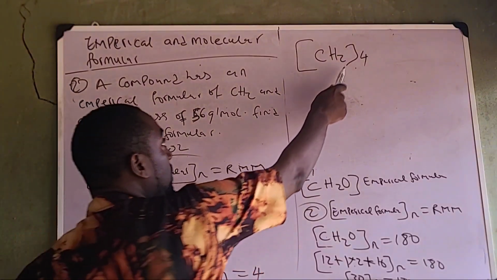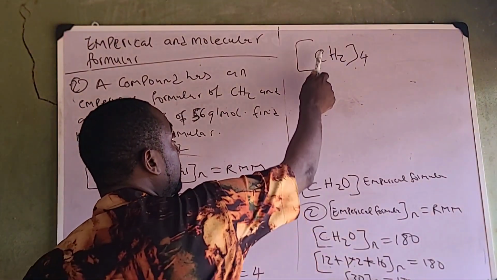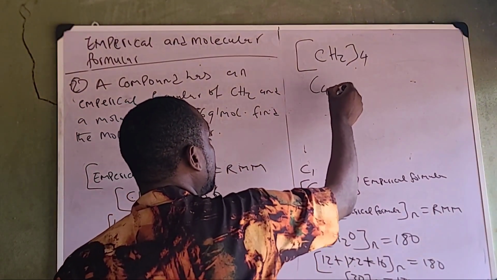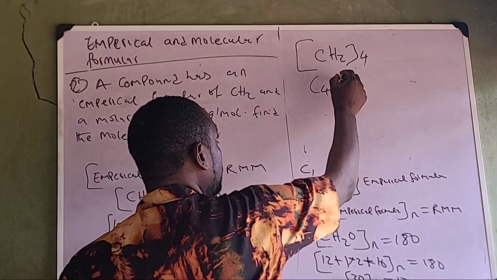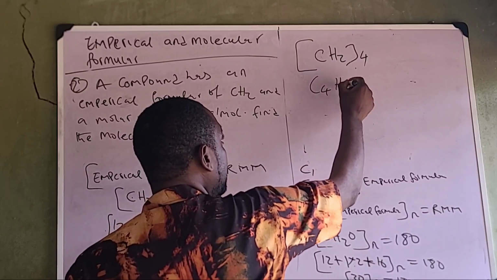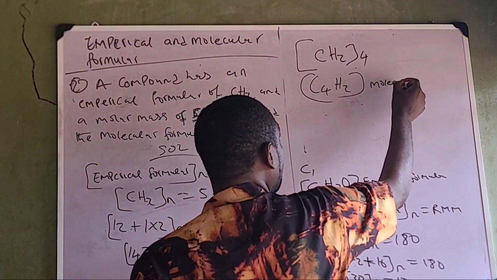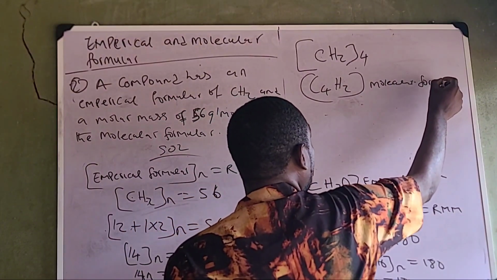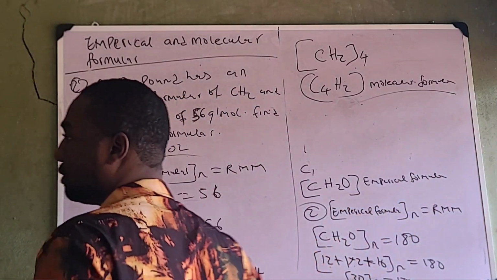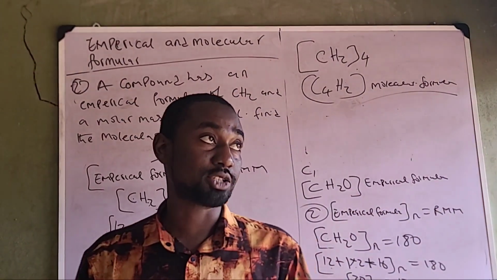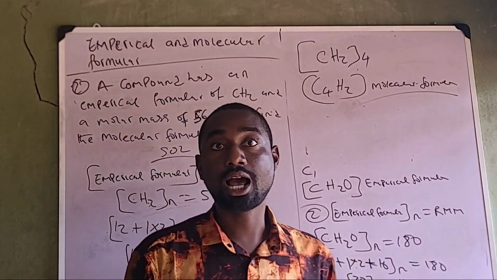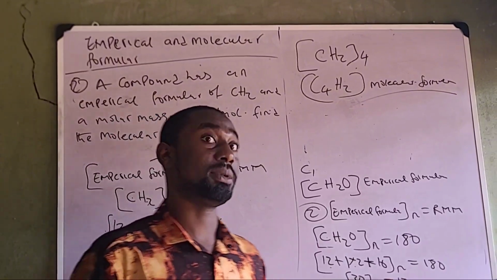You can come use 4 multiply everything wey dey this bracket. So C times 4 go give us C4. H2, 2 times 4 go give us 8. So H8. So this thing now is our molecular formula. E simple abi e no simple? E simple. So as una don see how to solve empirical and molecular formula, you no like am?